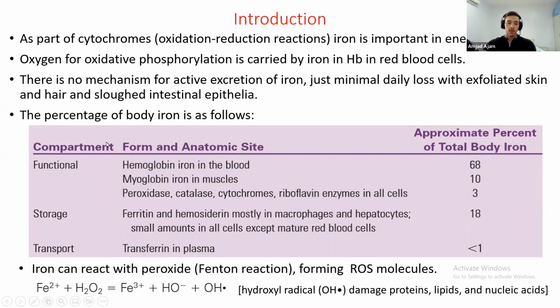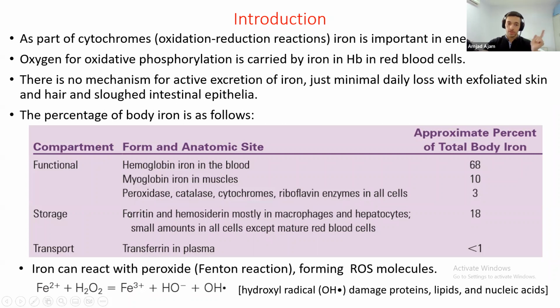Okay, so the oxygen for the oxidative phosphorylation is carried by iron. And what else? Okay, for the storage form of iron. Now, how is our iron stored in our body? In two forms. First of all, ferritin. Ferritin is the storage form of iron in the cells. So inside cells, the iron is stored in the form of ferritin, and it is transported in the plasma through transferrin.